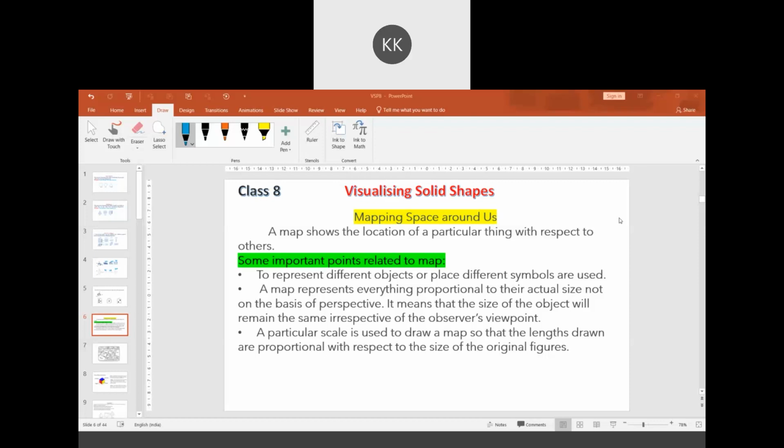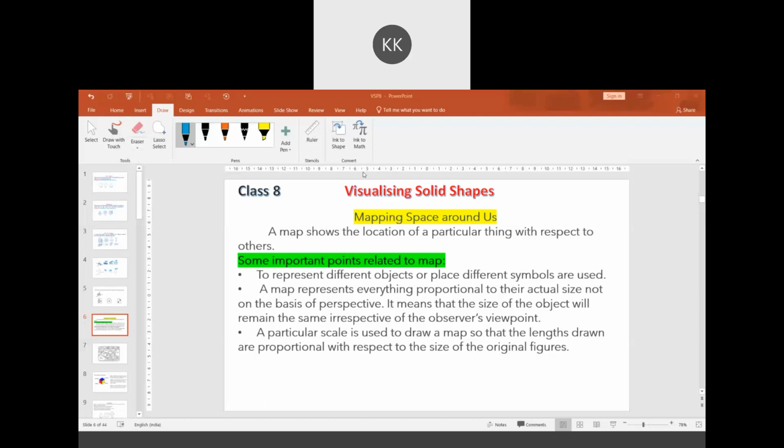A map represents everything proportional to their actual size, not on the basis of perspective. It means that the size of the object will remain the same irrespective of the observer's viewpoint. A particular scale is used to draw a map so that the lengths drawn are proportional to the size of the original figure.